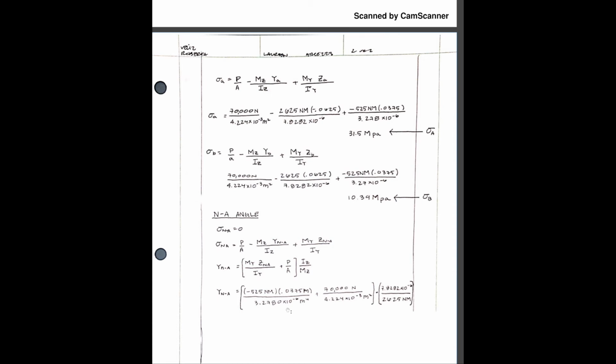Trying to figure out the numbers that we had, and putting it all in here, making sure that we have our correct units, correct signs, and this way we're going to be getting a number that works for us. Once you plug that in, we're going to be getting our answer in meters.